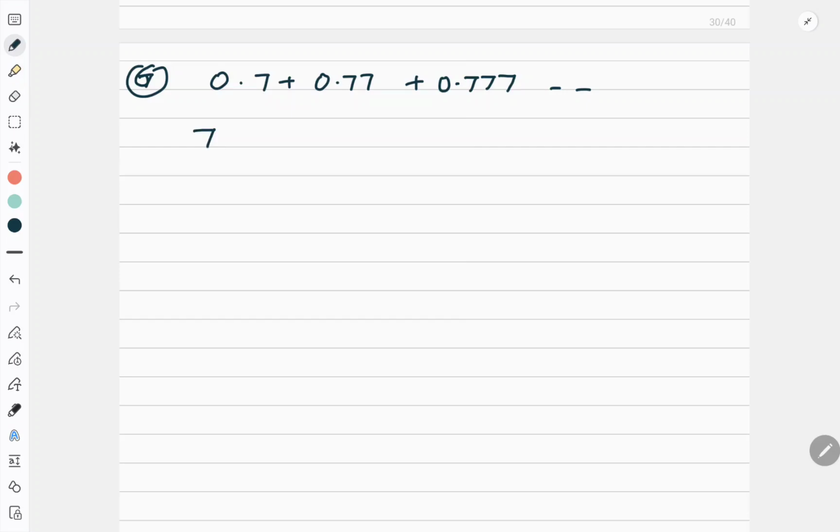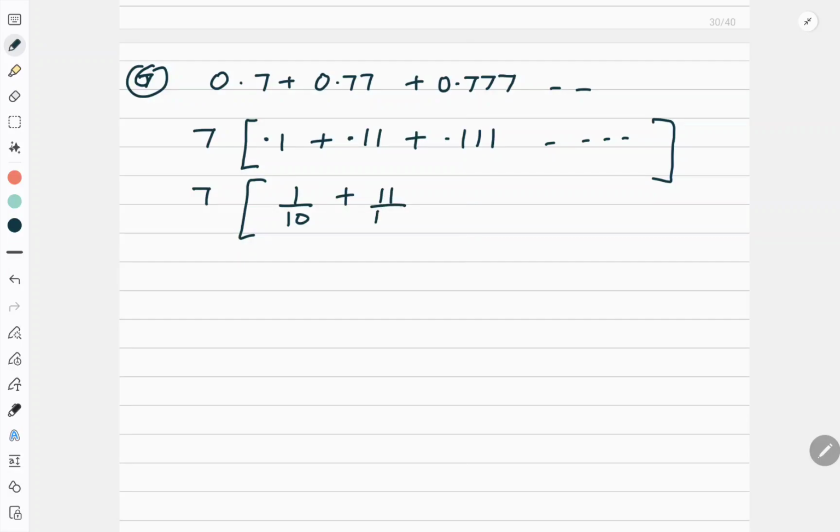If I take 7 common, okay, so what is left? 0.1 plus 0.11 plus 0.111 and so on. Okay, so 7, then 1 by 10 plus 11 by 100 plus 111 by 1000 and so on up to n terms.